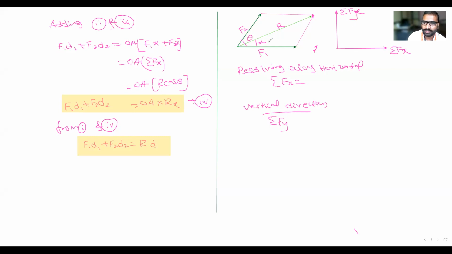The resultant is nothing but the effect of F1 and F2. I want to resolve this resultant along the x direction and also along the y direction. Along the x direction, that is R cos alpha, where alpha is its direction. Then along the vertical direction, R sin alpha.